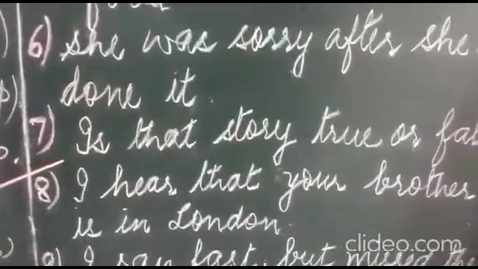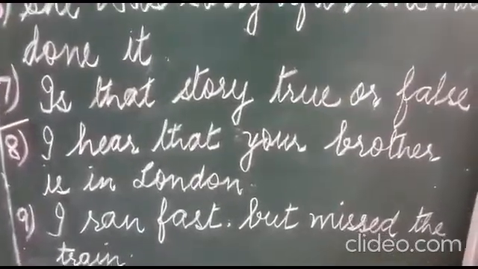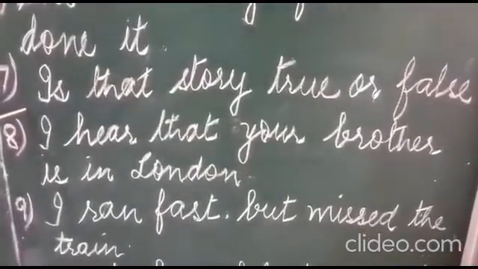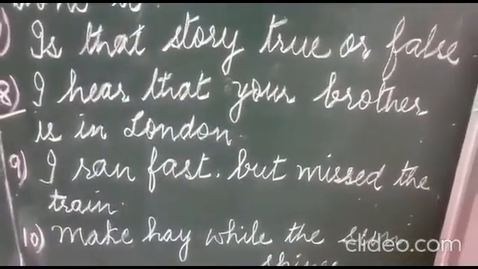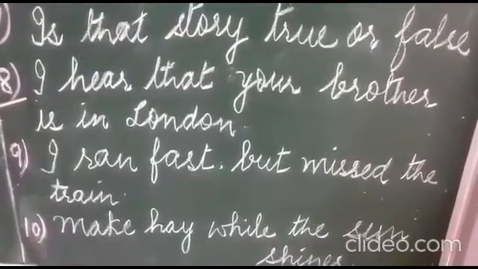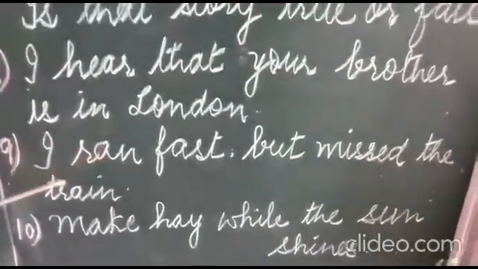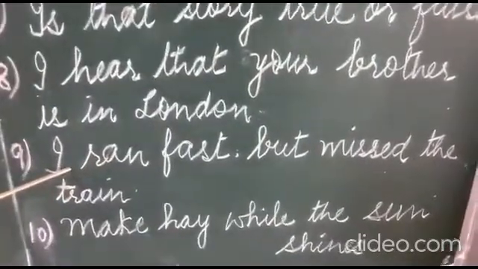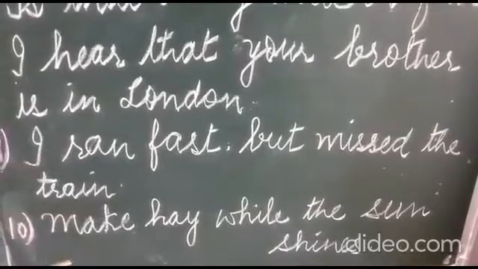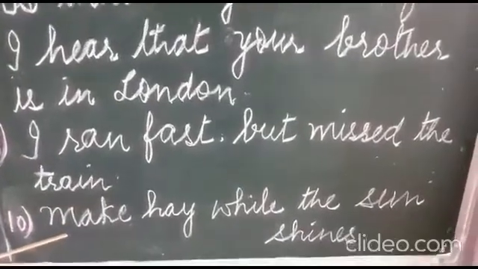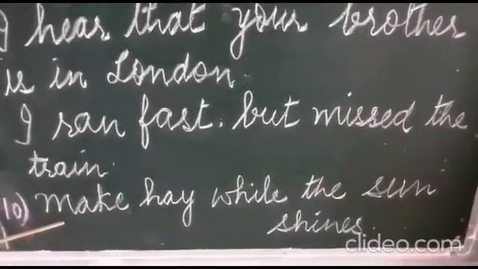The next sentence. Is that story true or false? Underline conjunction. I hear that your brother is in London. I'm reading out. You can underline later on. I ran fast but missed the train. Make hay while the sun shines.